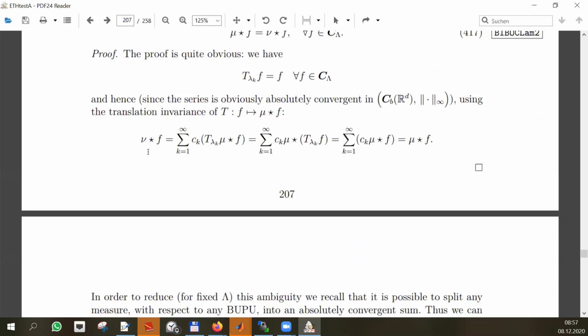And the key point is this. You're doing a convex, we call it the convex linear combination of the shifted versions of mu. And of course, the shift is from the lattice always the same. So what is mu with f? Well, mu is an absolutely convergent sum of shifted versions of the mu. So you can pull this in. So first you have an infinite sum, brackets, convolved with f, but we can do it separately.